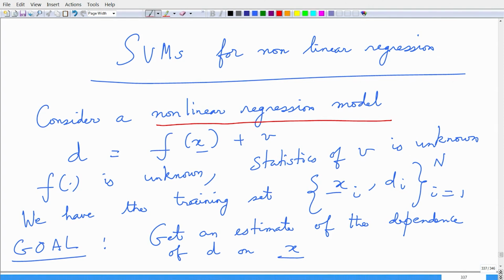So, we have the training set which is comprised of x i, d i pairs, i equals 1 to n, and our goal would be to get an estimate of the dependence of d on x, okay.